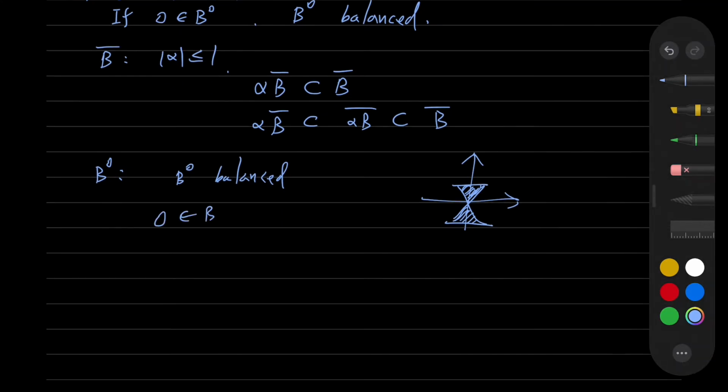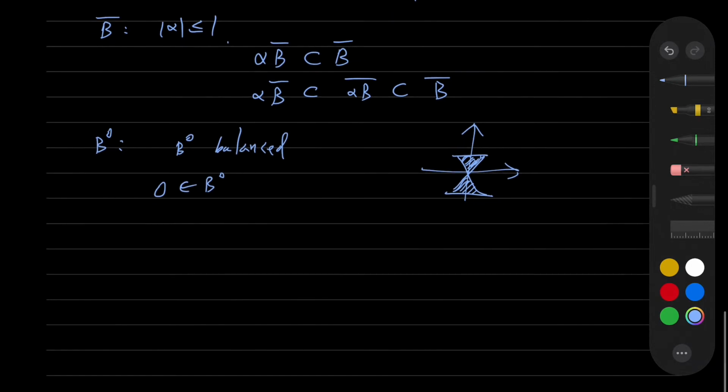So 0 is in the interior of this set. And same as before, for alpha smaller than or equal to 1, since this is a homeomorphism, this will be the same as this. Then this will be contained in B. So that's it.